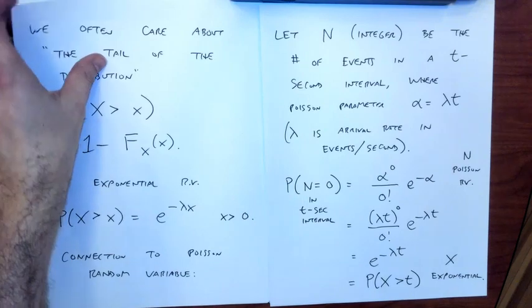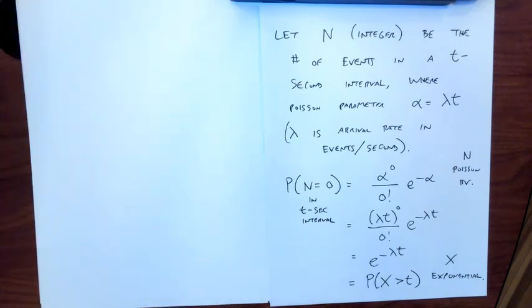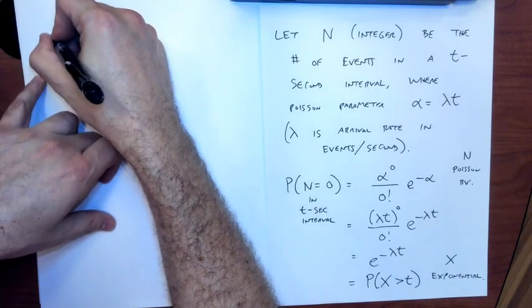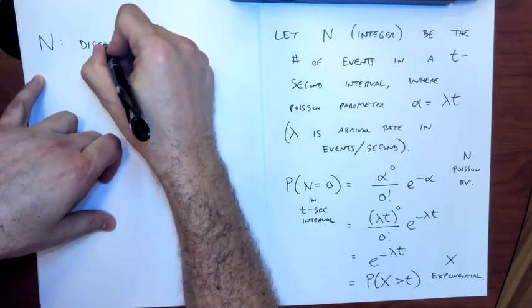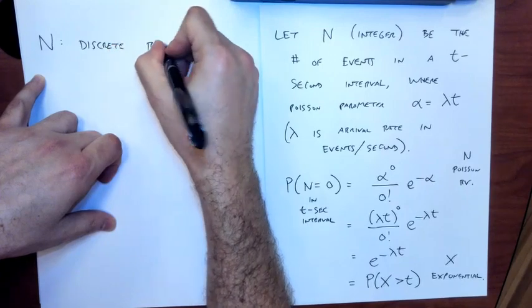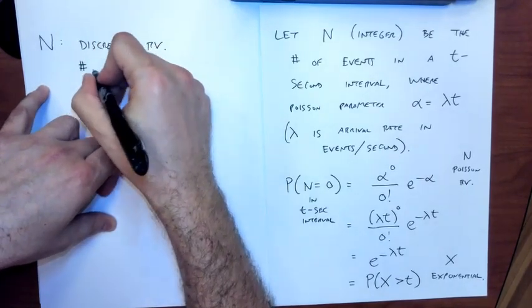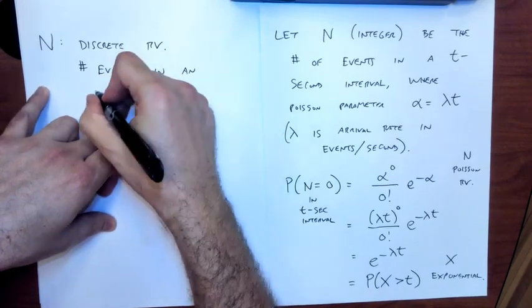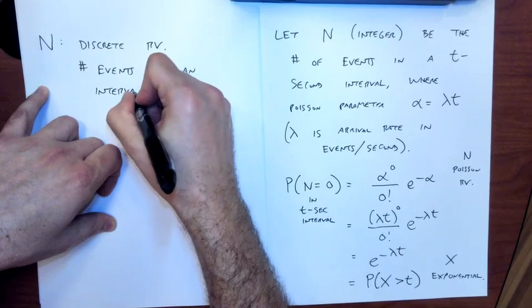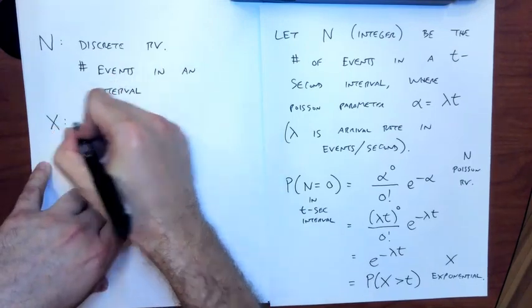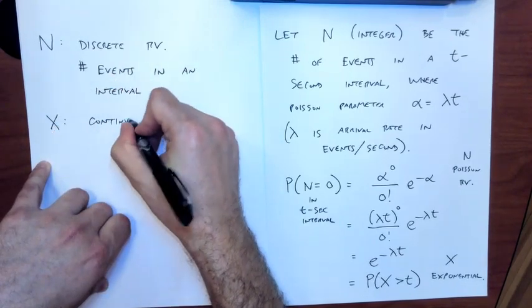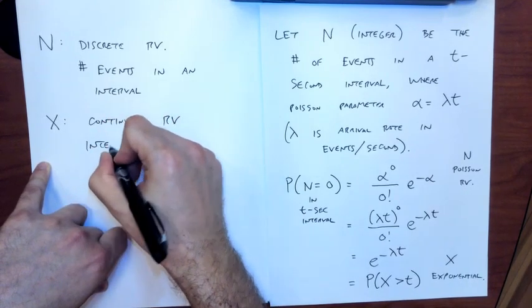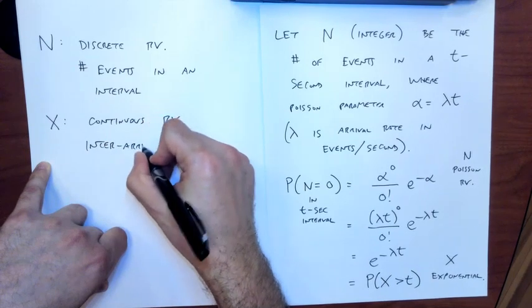So what am I getting at here? There are two random variables at play. One is n, which is a discrete random variable, which is basically the number of events in an interval. And x is a continuous random variable, which is basically the inter-arrival time between events.